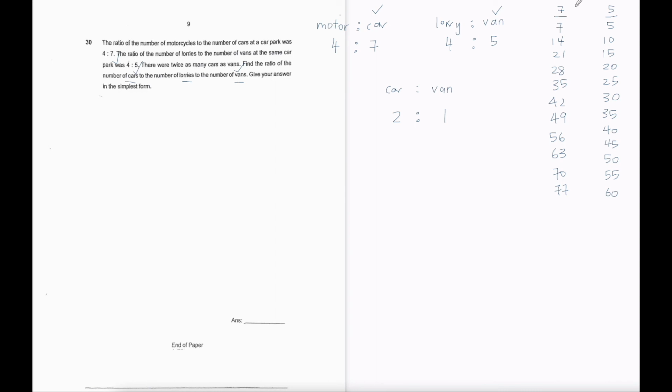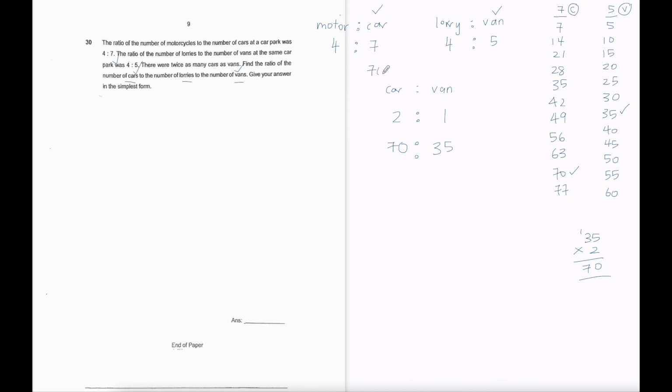This is car and this is van. I need a multiple from the van that when I multiply by 2, it will equal the number here. So if I see this, I'll realize that we can use this number and this number. And the reason is because 35 times 2 is 70. Just nice, my van will be 35 units and my car will be 70 units. So I'm just going to put it here first. 35, 70.